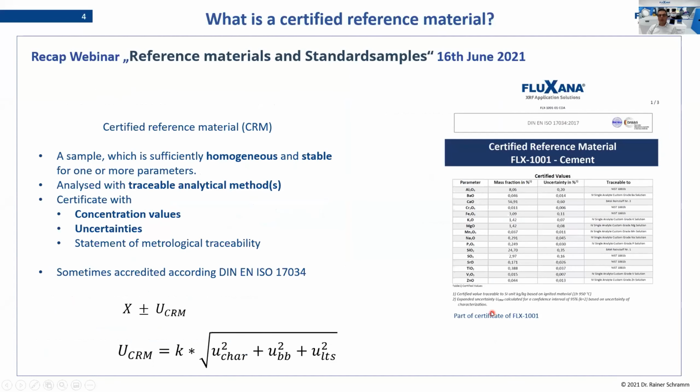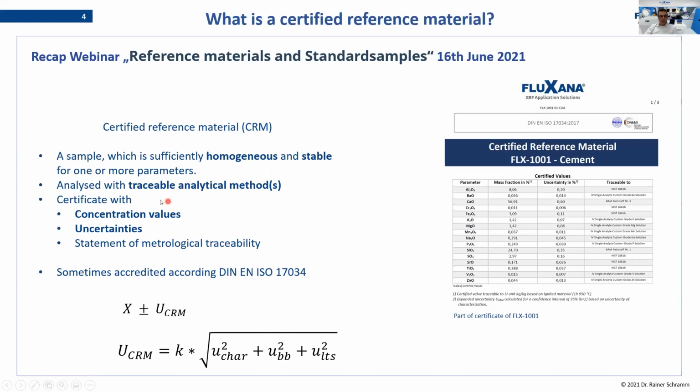There was a webinar last year where we already presented what reference materials and standard samples are. I just would like to repeat this. Especially the definition of a certified reference material is very important. Here you see the definition. It's a sample which is sufficiently homogeneous and stable for one or more parameters, so the parameters we would like to calibrate.